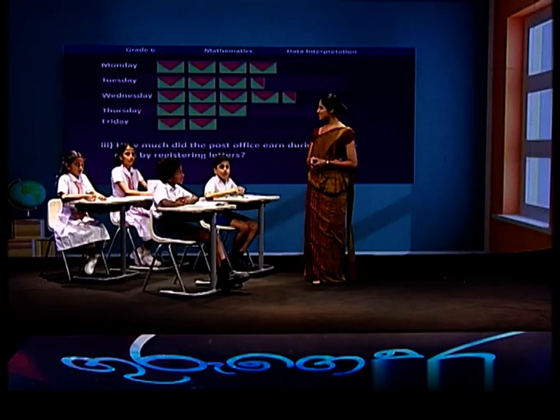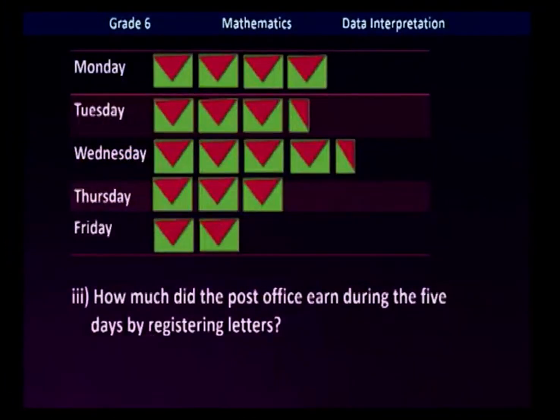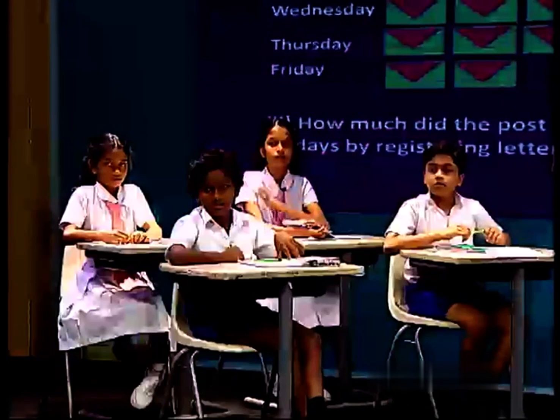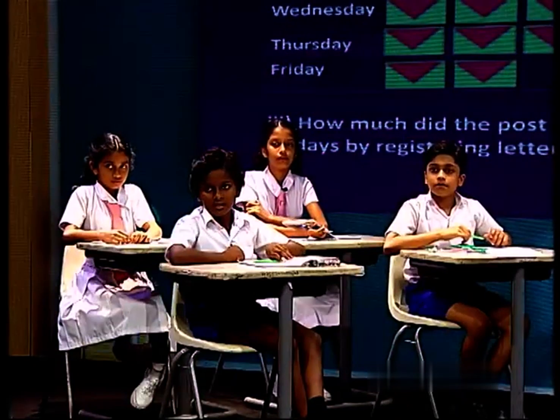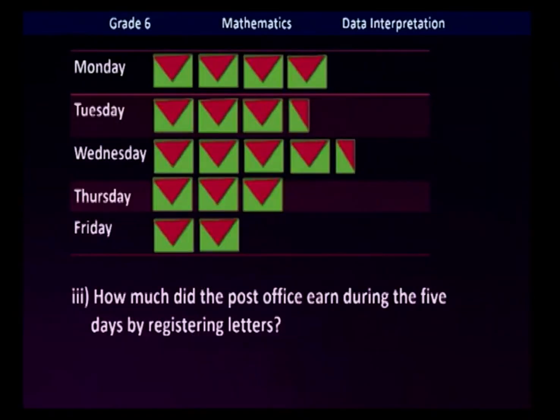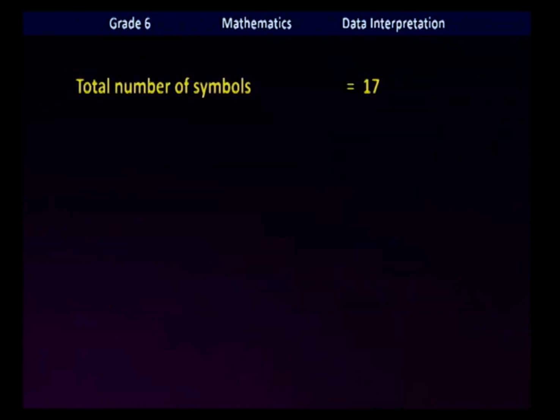Just count it, my dear children. There are 2 halves here. That means 1 symbol. How many symbols can you see? 17. Very good. All of you have got that. Total number of symbols in this picture graph is 17.